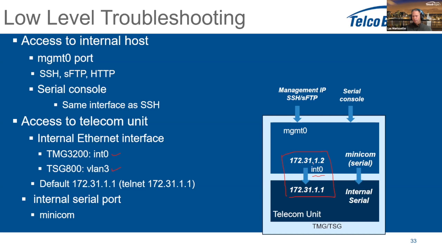So it's possible to connect to the telecom unit from that internal host by telnetting here to this IP, and then you're at the telecom unit level. If for some reason this doesn't work, there's a backdoor here that you can use, and you can use Minicom. Minicom will connect serial port to the device here, and you will have the same interface as the IP here. So this, of course, we seldom use this interface.